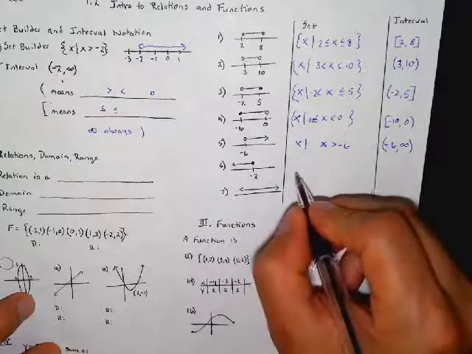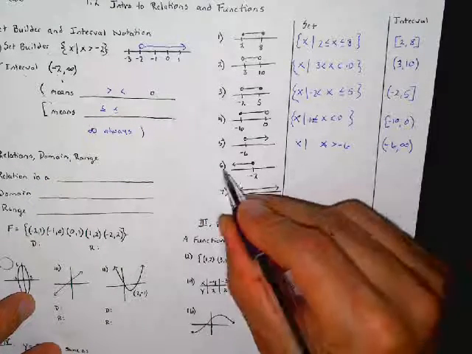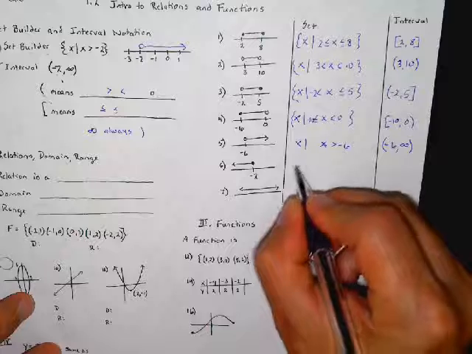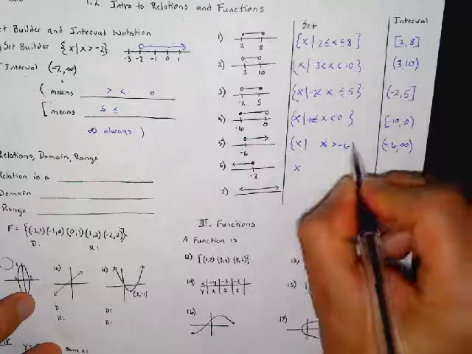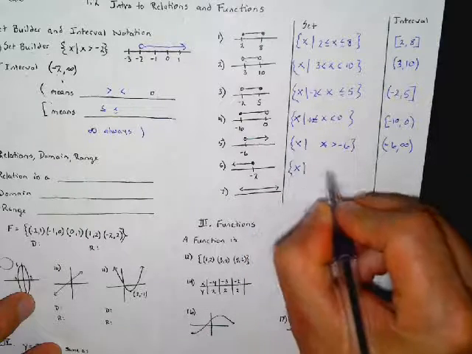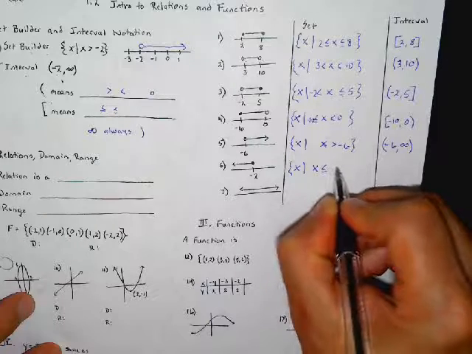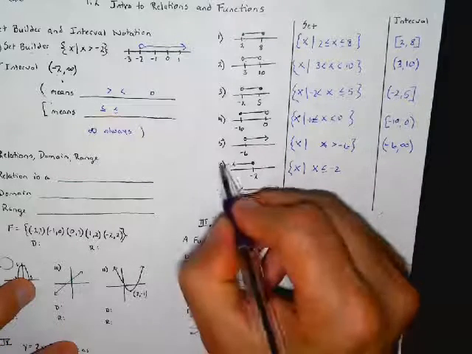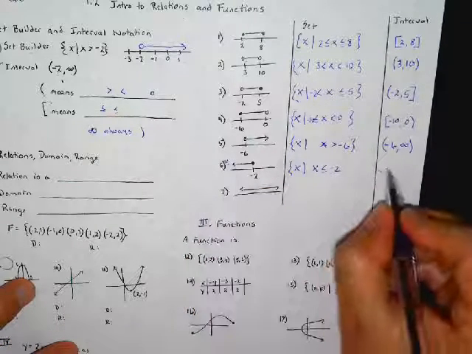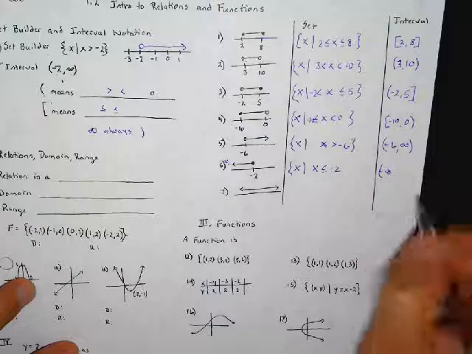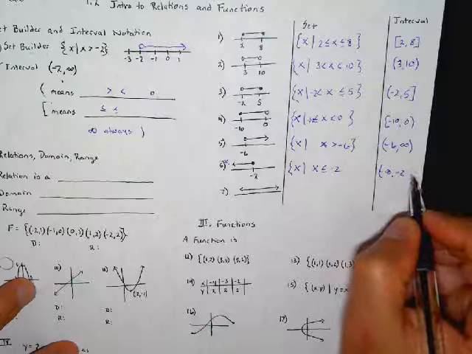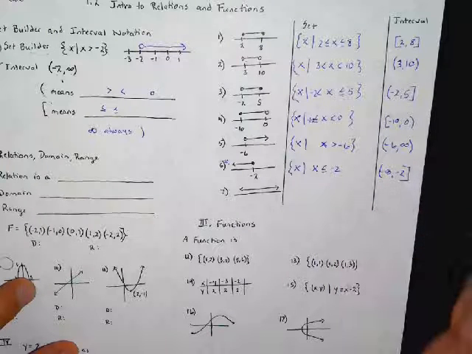Okay, number 6. So it's less than or equal to -2, so we put the brackets there. x such that x is less than or equal to -2. So my lower bound here is -infinity, and we always use the parentheses for -infinity. And the upper bound is -2, and it is or equal to.